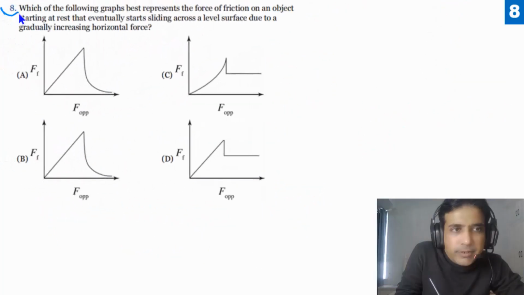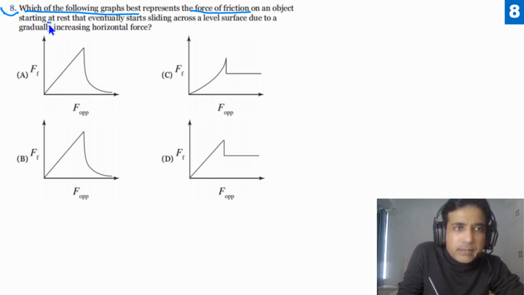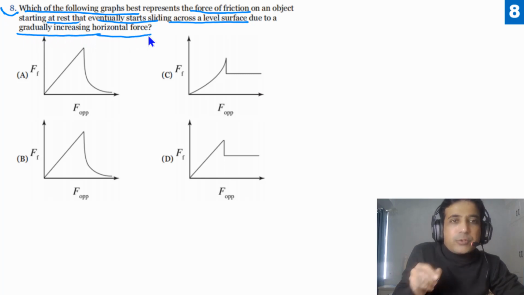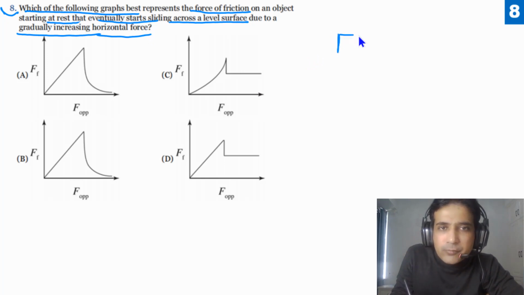For question number 8, we need to find out which of the following graphs best represents the force of friction on an object starting at rest that eventually starts sliding across a level surface due to a gradually increasing horizontal force. Let's first understand how the applied force and frictional force are linked with each other, the relationship between the two forces.